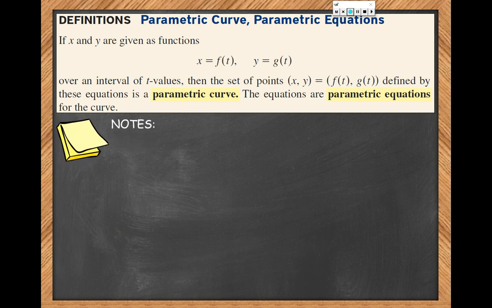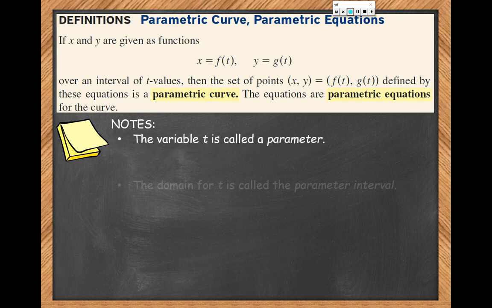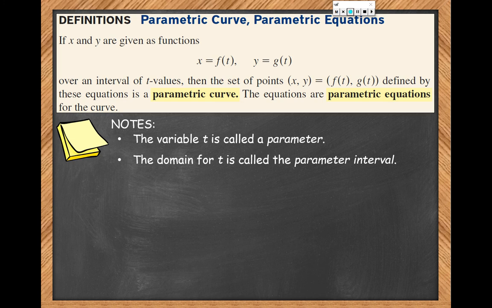Over an interval of t values, the set of points x, y equals f at t, g at t defined by these is called a parametric curve. The equations are parametric equations for the curve. The variable t is called a parameter. We often use t because it represents nicely as time. Instead of an angle that the thing's moving through, it's how much time has passed for the gum to go down the street. The domain for t is called the parameter interval.